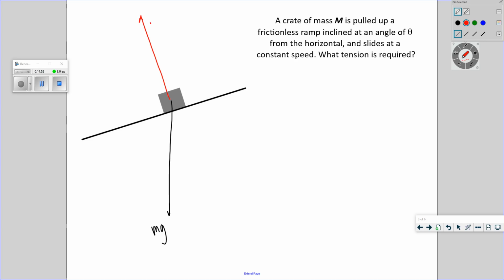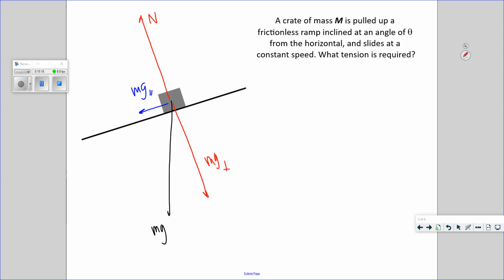Now I can do this pretty accurately, because this is about the size of mg parallel. This is about the size of mg perpendicular, and I picked the normal force pretty accurately because, you notice, since this object does not accelerate in the direction perpendicular to the incline, those two forces must be equal and opposite.